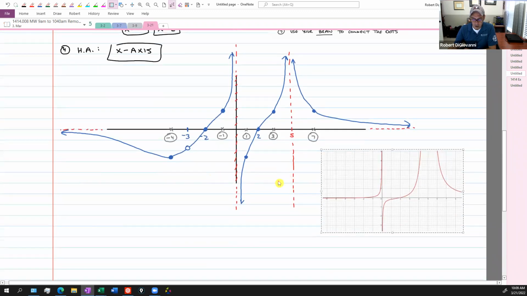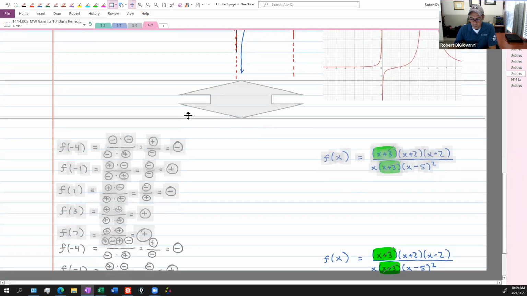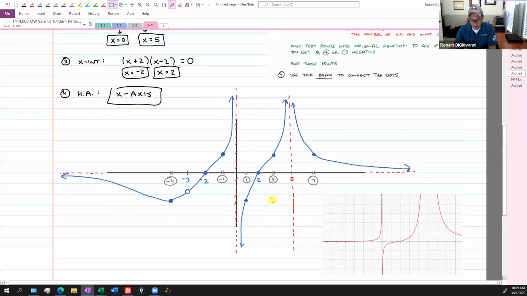I know that's hard to see. I made that pretty small, but let's see.